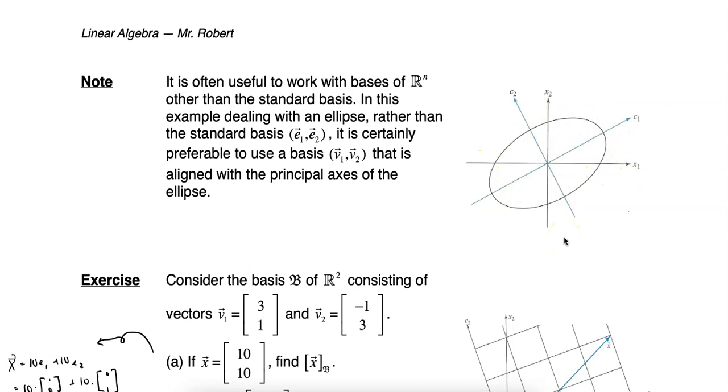However, if we were able to switch the problem by now focusing on new vectors, let's say vector v1 like this and v2 like that, aligned with the principal axis of the ellipse, now I would be able to write parametric equations using this new basis, so using this new system of axes that is tilted in the same way as the ellipse.